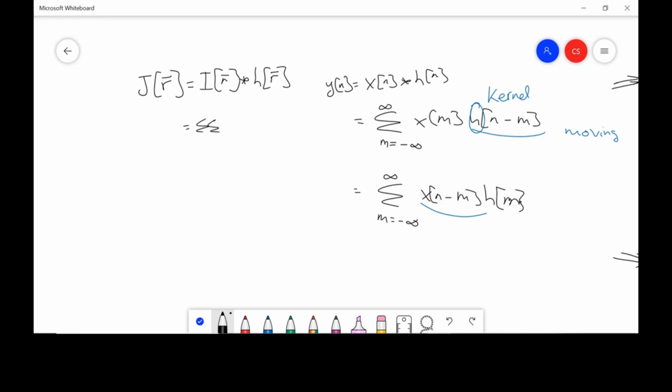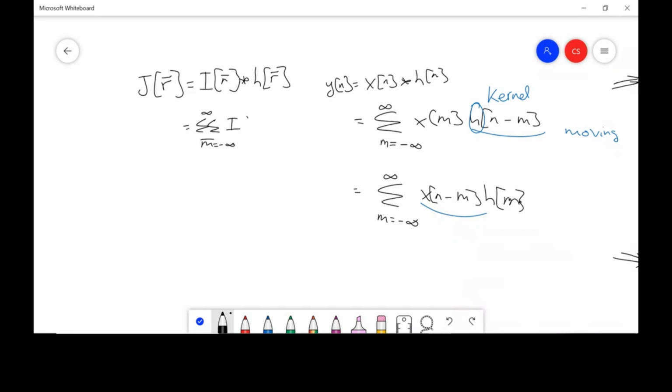Only that now I will have an m that is a vector. It will be a vector that goes from minus infinity to infinity in both directions, so it has 2 components, x and y.